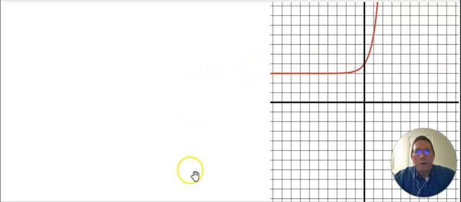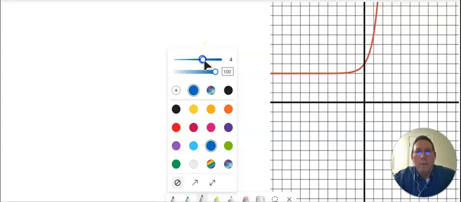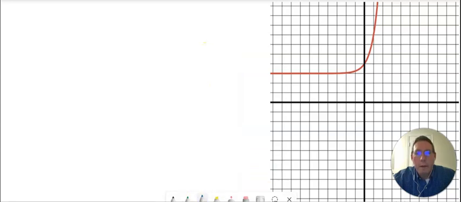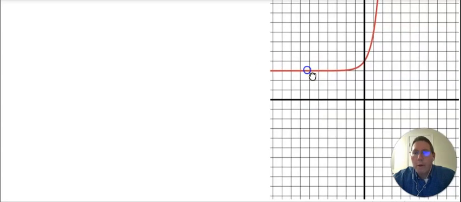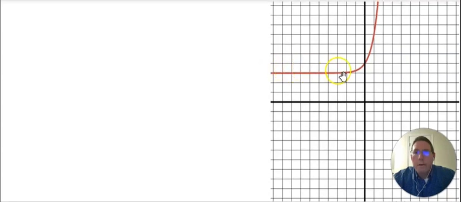The first thing we're going to do is sketch in the horizontal asymptote, okay? I think I'm going to make it a little bit thinner. There we go. All right, so here's the asymptote. Here's where the graph goes flat. And so it's going to continue right through here, okay?